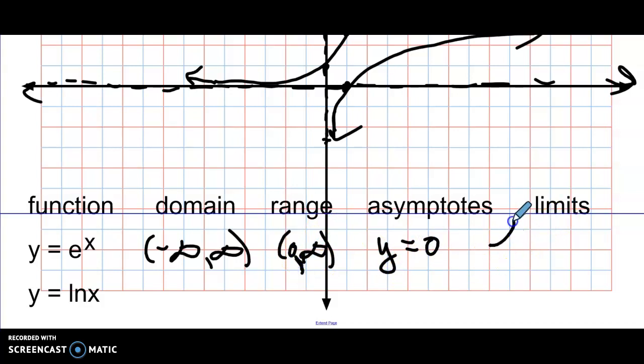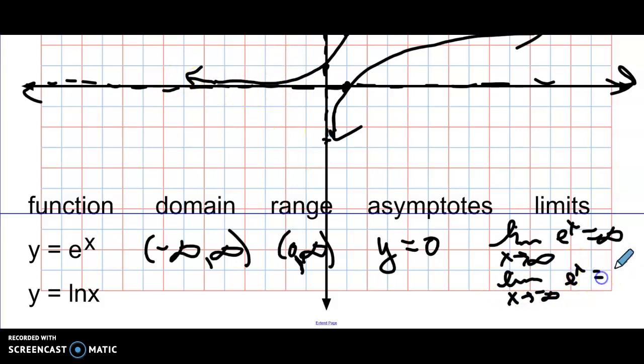The limit as x approaches infinity of e to the x is infinity, right? And the limit as x approaches negative infinity of e to the x, as x was getting really small, the limit was 0.